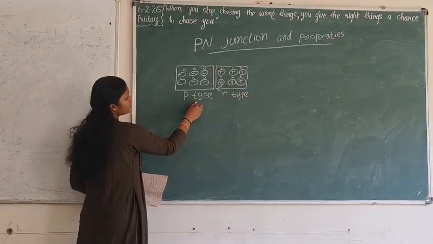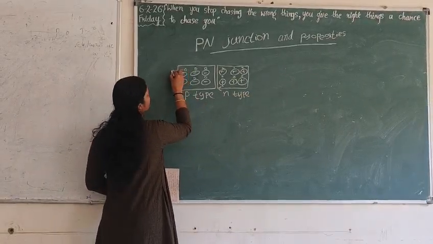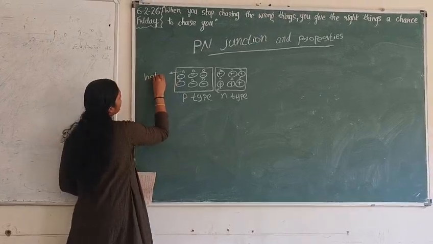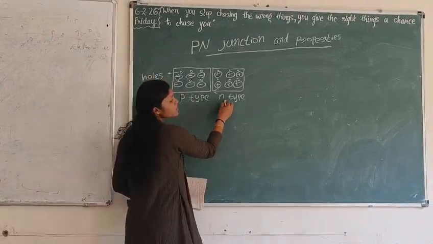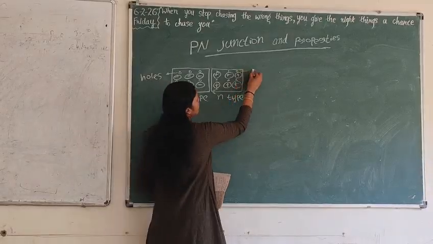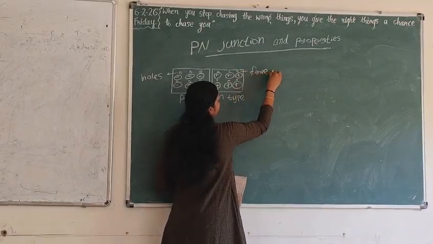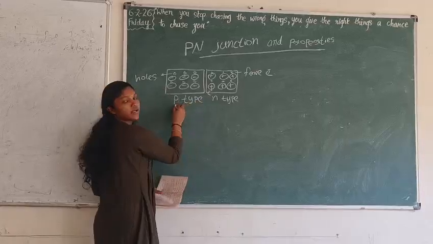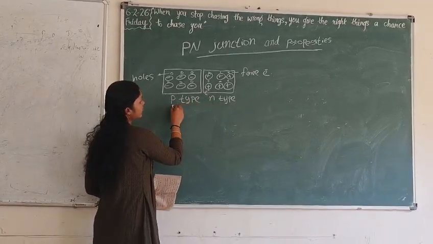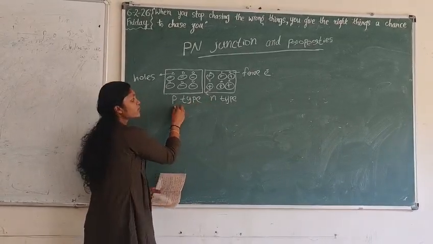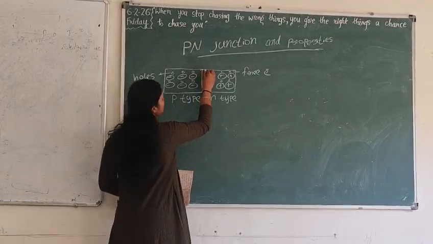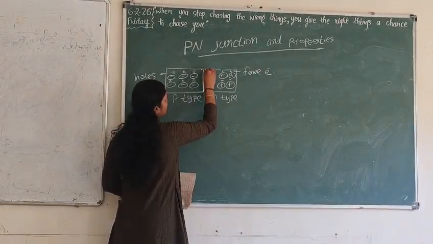In a P-type semiconductor, there is a large number of holes, and in an N-type semiconductor, there is a large number of free electrons. So when this P-type material is joined with an N-type material, a junction is formed. This is the PN junction.